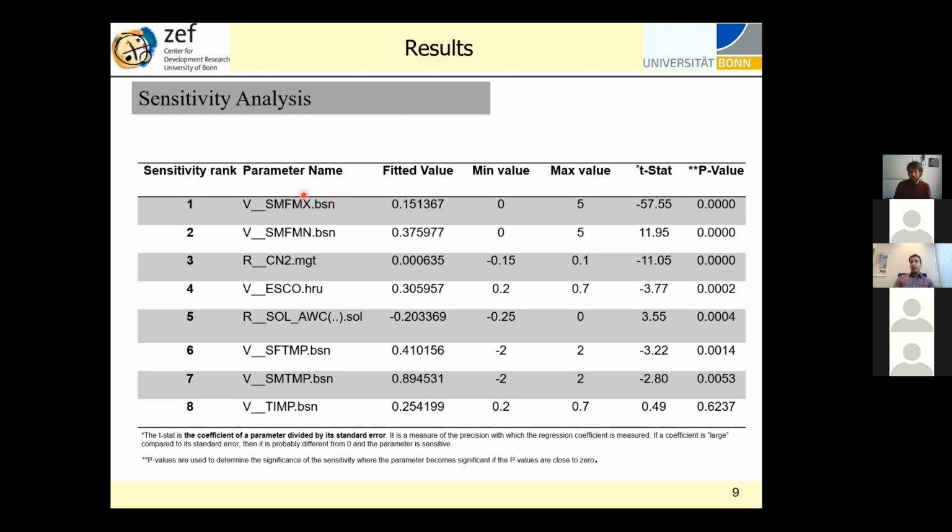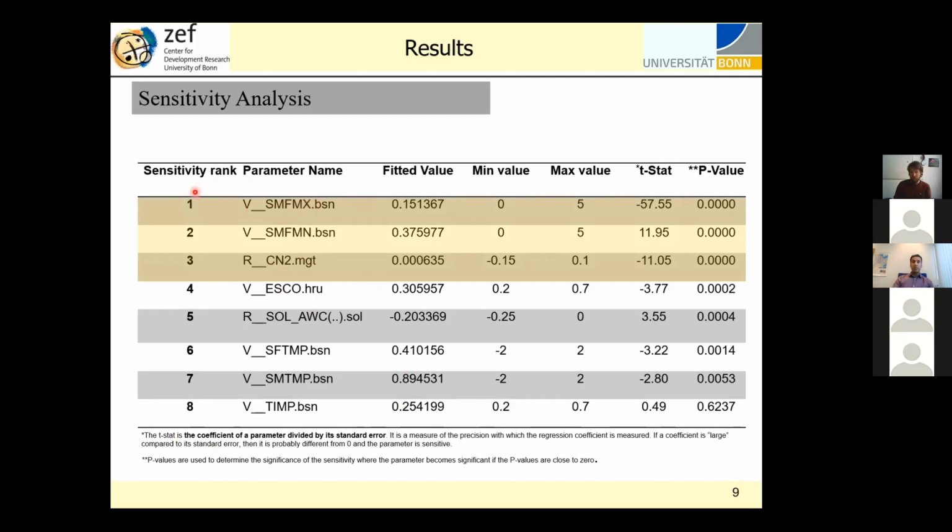So in this case, as you see here in this graph, the top three most sensitive parameters were both the snow relevant and runoff relevant, the curve number and the maximum snow melt and minimum snow melt relevant parameters. And then overall, these 8 parameters were sensitive.